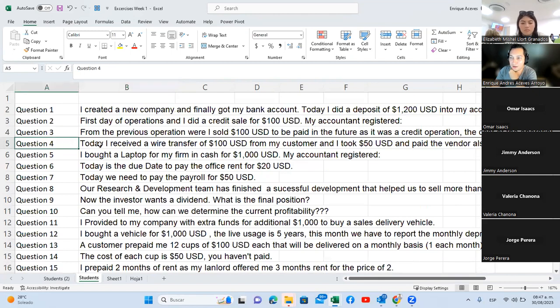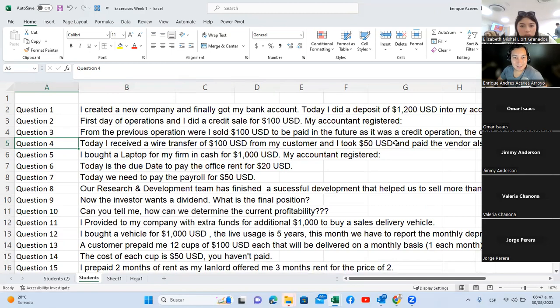Question number 4. Today I received a wire transfer of $100 from my customer, and I took 50 and paid the vendor also via wire transfer. Debit bank account. Why debit bank account? Because you're receiving money, right? The wire transfer. The resource.